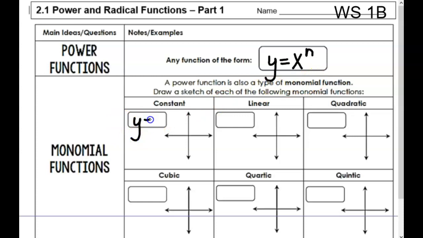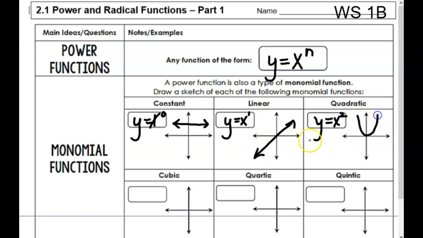So if it was y equals x to the 0 power, it would be a constant, like y equals 1. If it was y equals x to the first power, it would be linear. If it was y equals x to the second power, it would be a parabola.